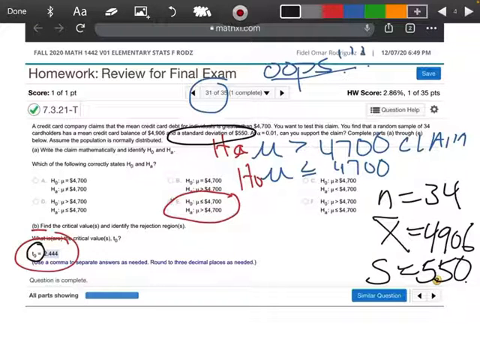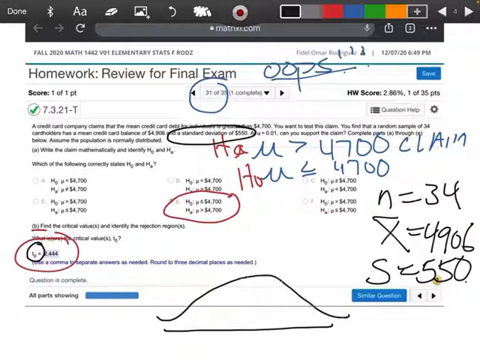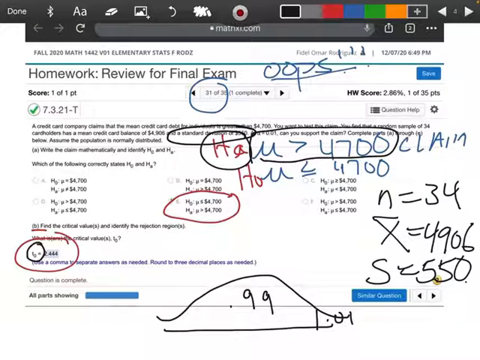Okay, so now let me draw my picture. This is again where I made my mistake earlier. I actually made two mistakes. First thing is I know this is going to be a right tail test because I look at my HA. They're telling me here that my alpha is 0.01, so this is still 0.99. But the way I find this critical value, T0, is where I made my mistake.